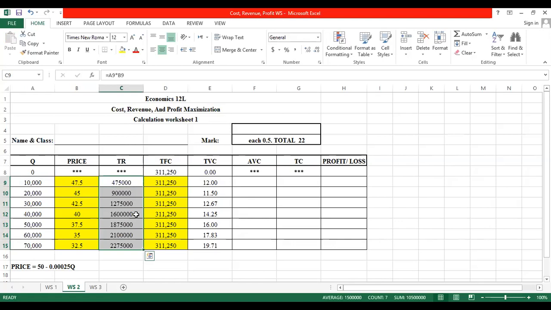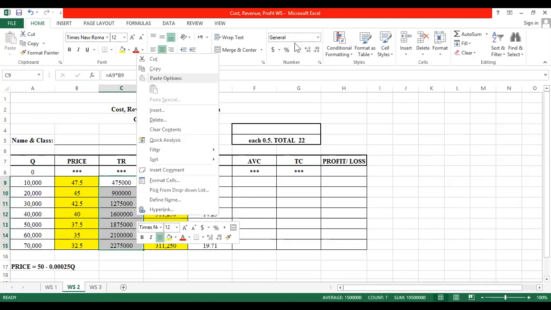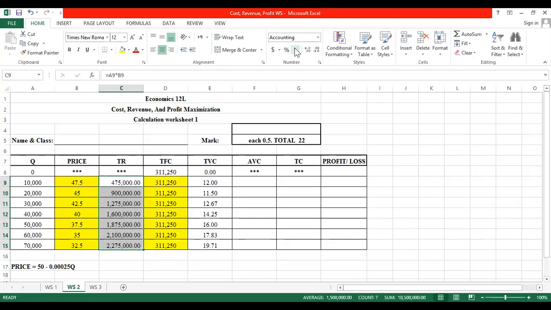But what I need here, I need to put a comma. Yes, just highlight yellow. Excellent.